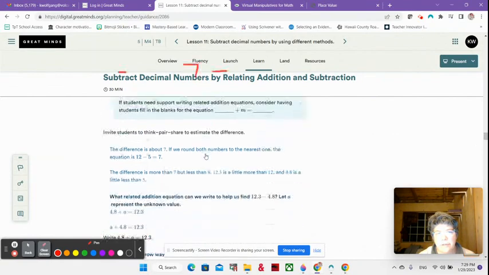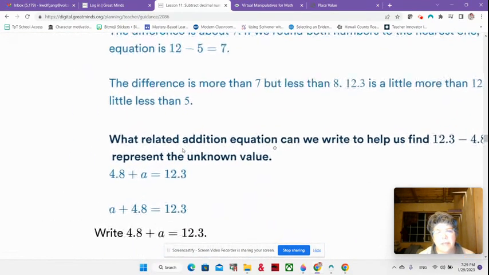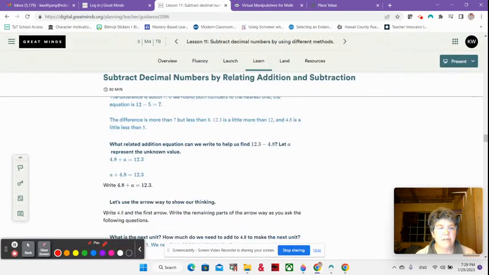It was our first number. And 4 and 8/10 can be in either the first or the second position. So 4 and 8/10 plus unknown equals 12 and 3/10, or unknown plus 4 and 8/10 is equal to 12 and 3/10. Okay, now we're going to solve. We know that our answer could be around 7.